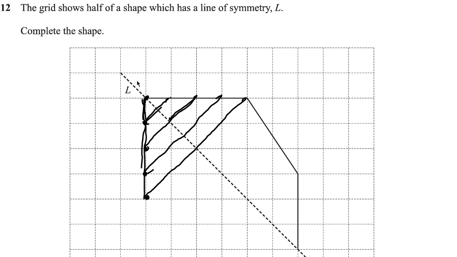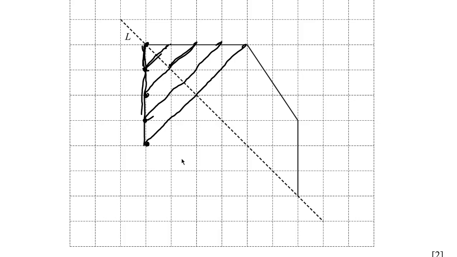Do you get that? We can then move over to the other part. Same thing. This is this, so this is a reflection of this, 1 unit. This is a reflection of this. That's all. So we have this, and then it's super easy for us to join this to this.